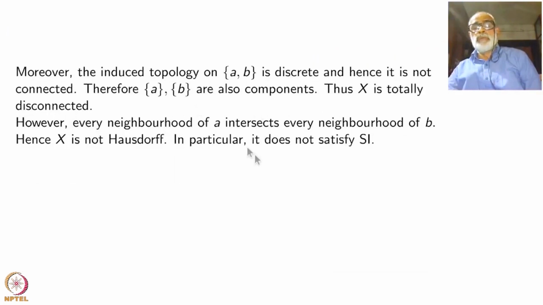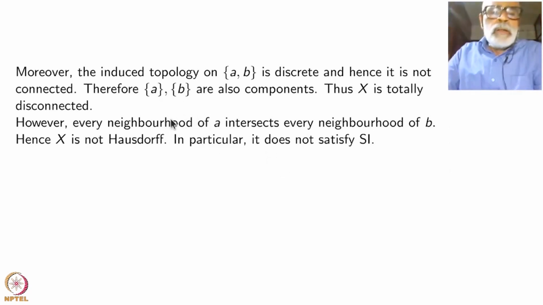So I have repeated it here. The same thing will tell you that, of course, it is not Hausdorff either, because neighborhoods of A and B are not disjoint. In particular, it does not satisfy, sorry, this is T1, but it is not T2. I want a T1, still it is not good.